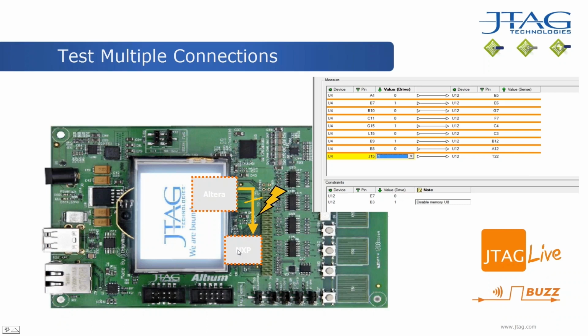So it's just a way of driving multiple pins at the same time using X-test again. And there are some constraints features where you can turn off or turn on other devices that might be causing contention during that test. Now, that would be something that was taken care of automatically with the higher end tools, but in the JTAGLive tool set, that's something you have to do yourself.